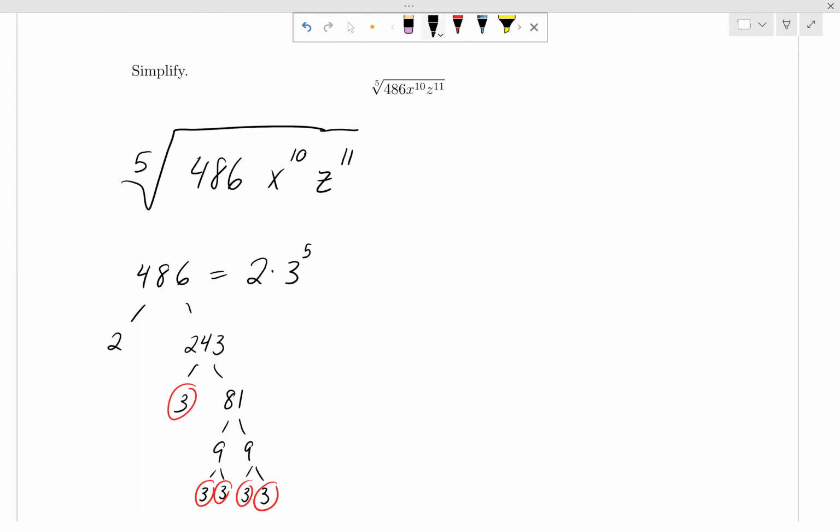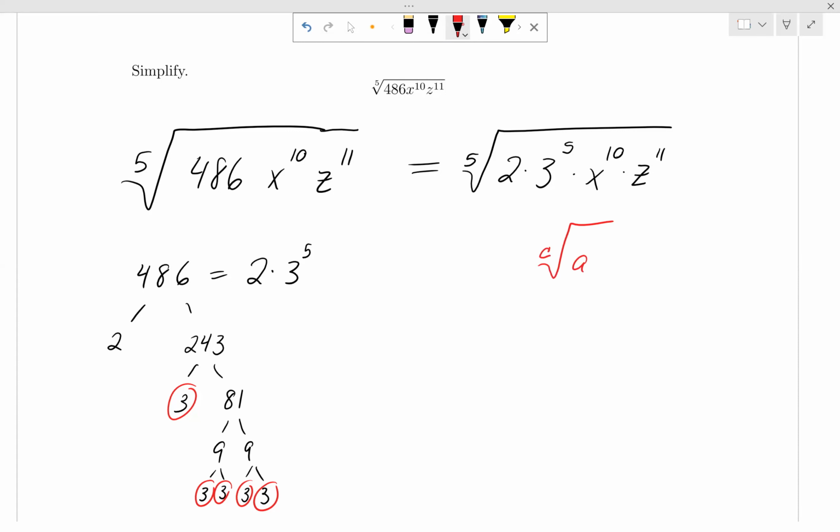I'm going to substitute 2 times 3 to the 5th for my 486 in my fifth root here. So I have the fifth root of 2 times 3 to the 5th times x to the 10th times z to the 11th. One property of roots that I'm going to use is that the cth root of a times b is the cth root of a times the cth root of b.